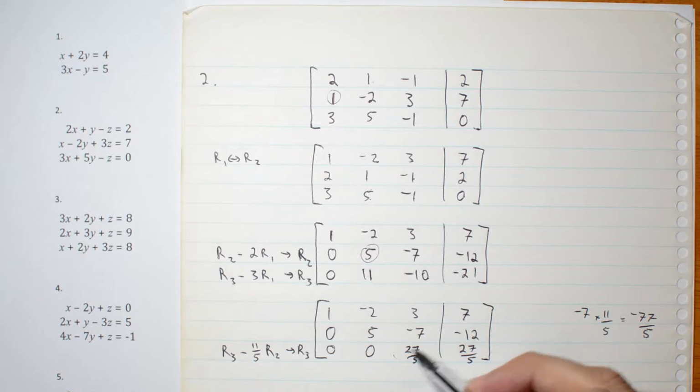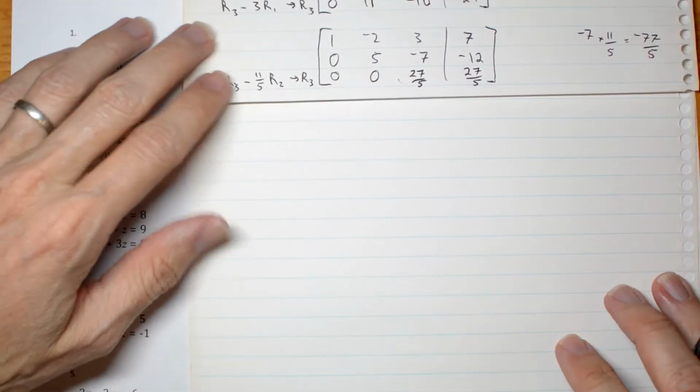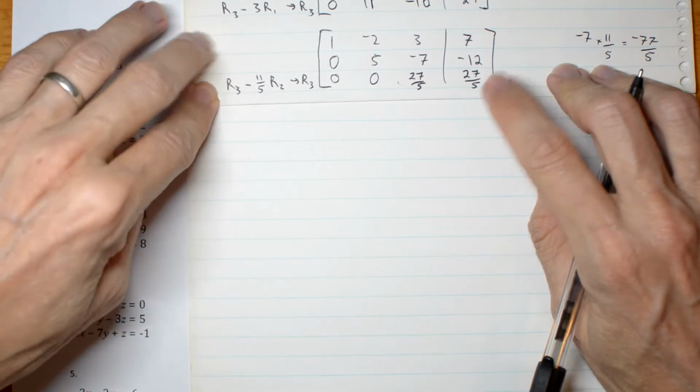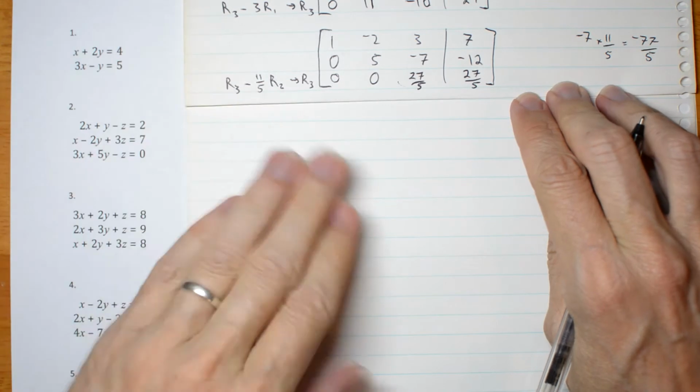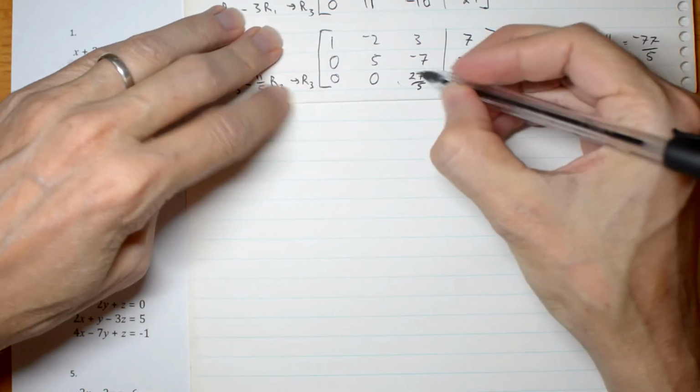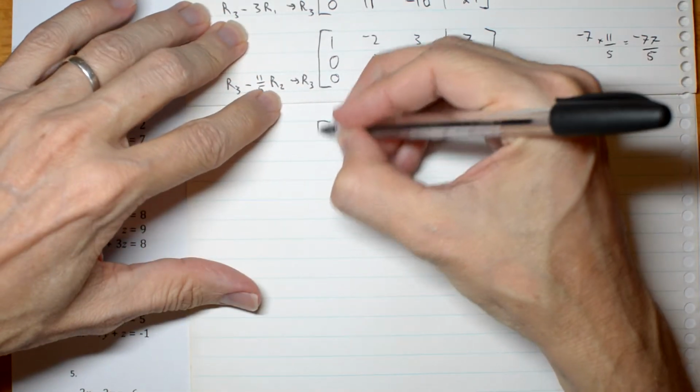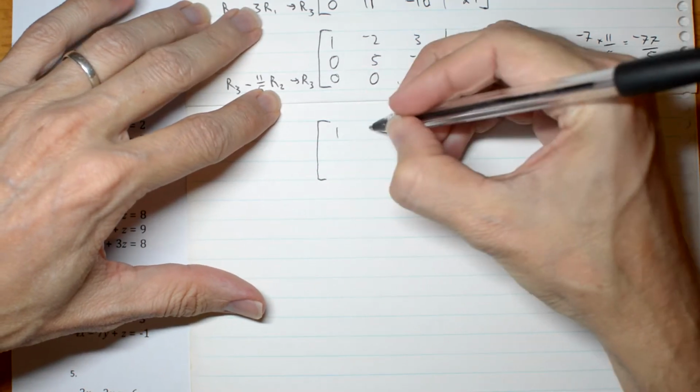I just have to multiply by 5 on 27. Okay, so let's simplify our z. Here we go. I'm going to multiply this by 5 on 27. 1, negative 2, 3.